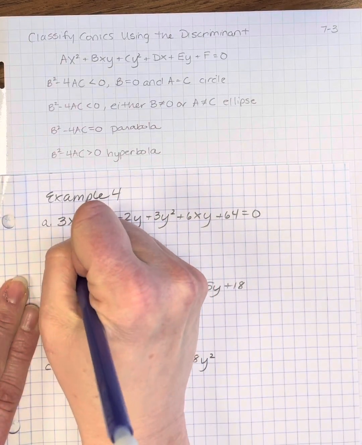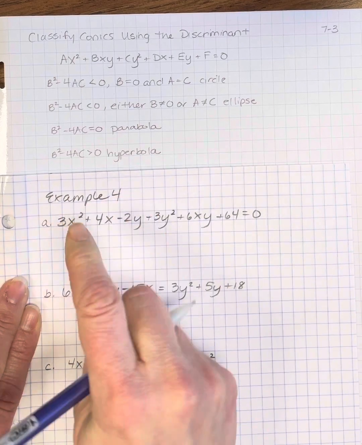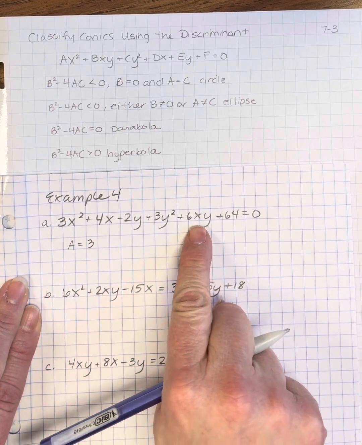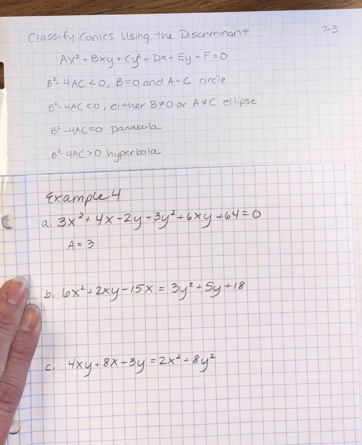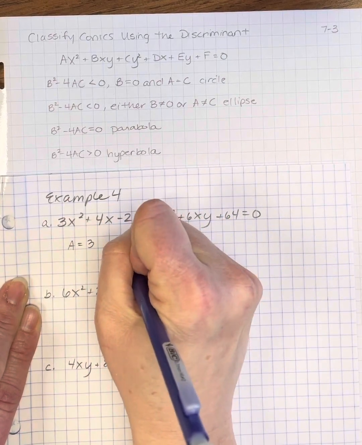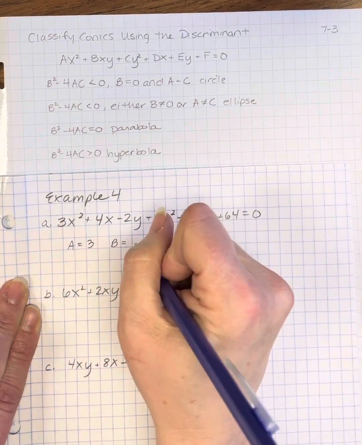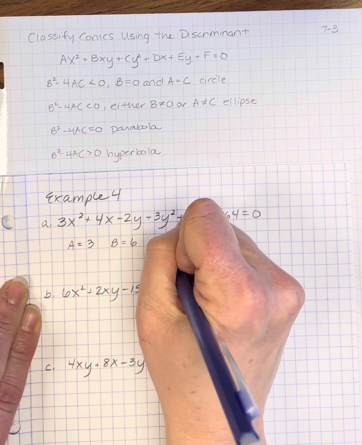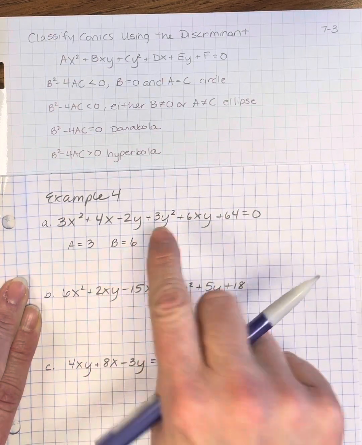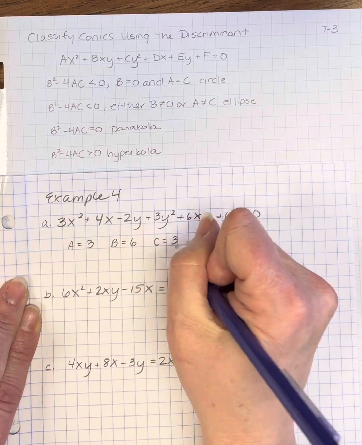So a is equal to 3. It's in front of my x squared. B is in front of my xy, so b is equal to 6. And c is in front of my y squared, so c is equal to 3.